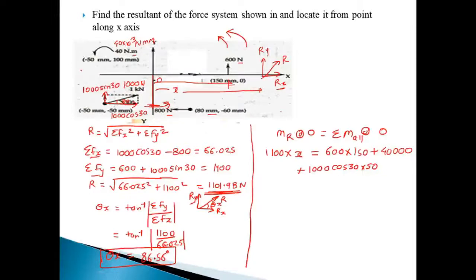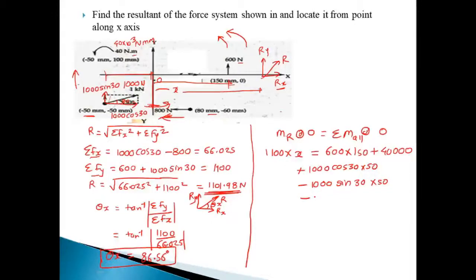Next, due to this sin 30 component, or vertical component, the rotation is in the clockwise direction. That's why the moment is negative: 1000 sin 30 into the distance, which is given here as the x distance, 50. Similarly, we can find the moment due to this 800 Newton force. Its rotation is in the clockwise direction, so we consider it as negative.